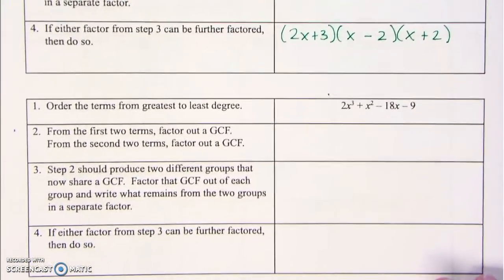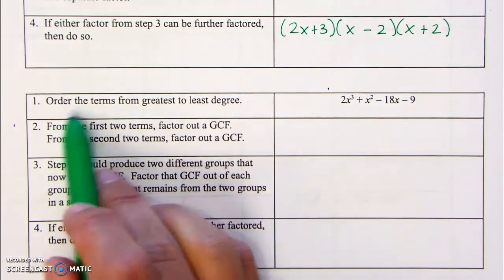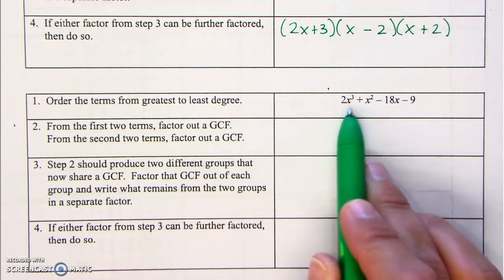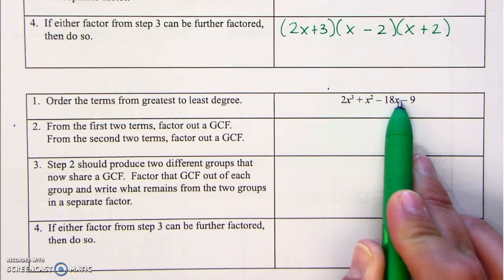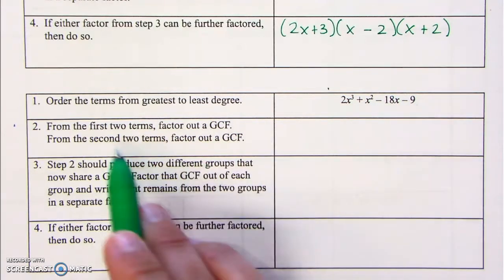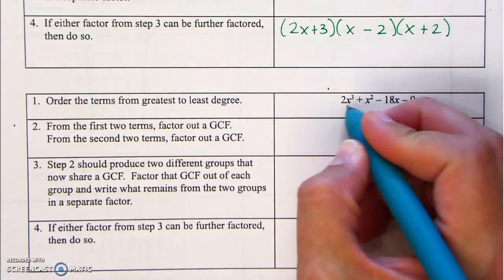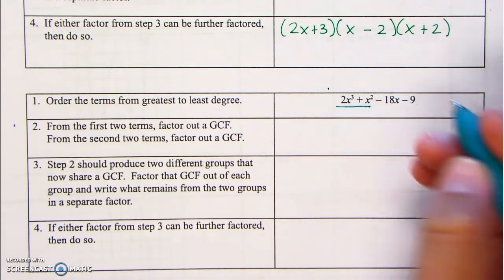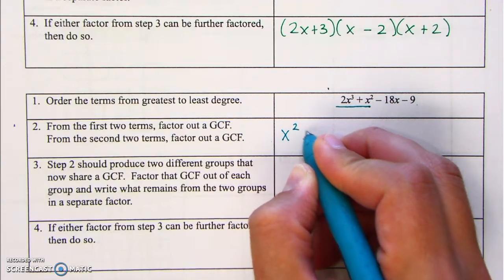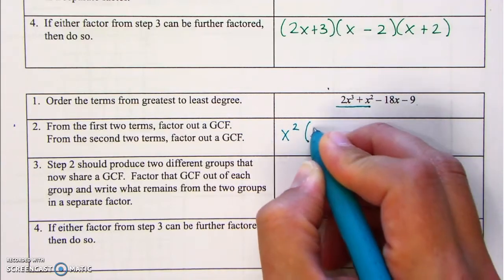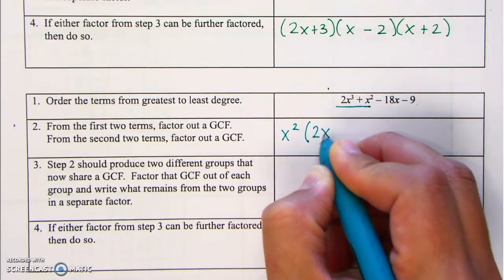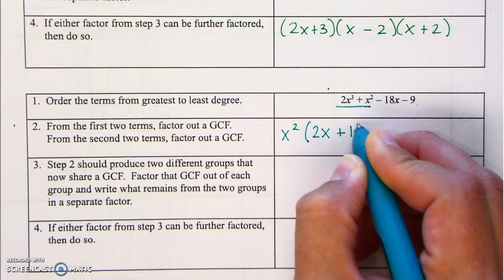Here we go. Follow the steps. Order the terms from greatest to least degree. 3, 2, 1, 0. From the first 2 terms, factor out the greatest common factor. These first 2 terms, what's the greatest common factor? X squared. Great. 2x plus 1.